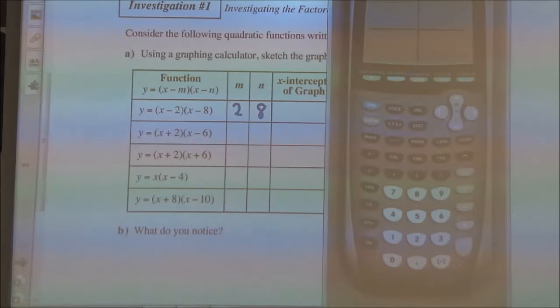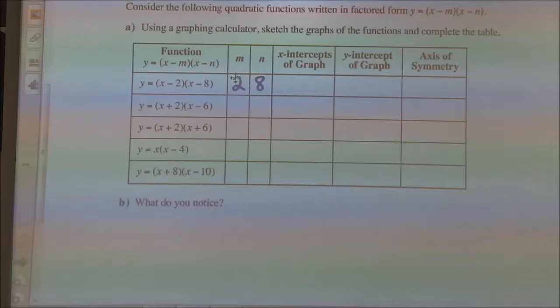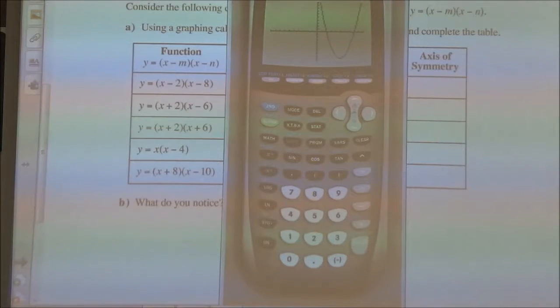So when I graph this on my calculator, I get this parabola shape that opens up. I want to find the zeros. That's what I look for to find the x-intercepts.